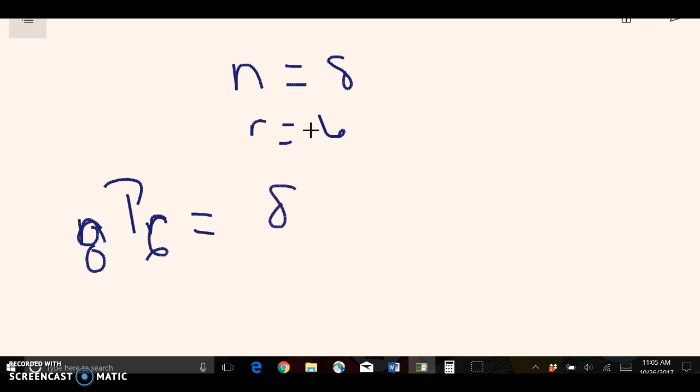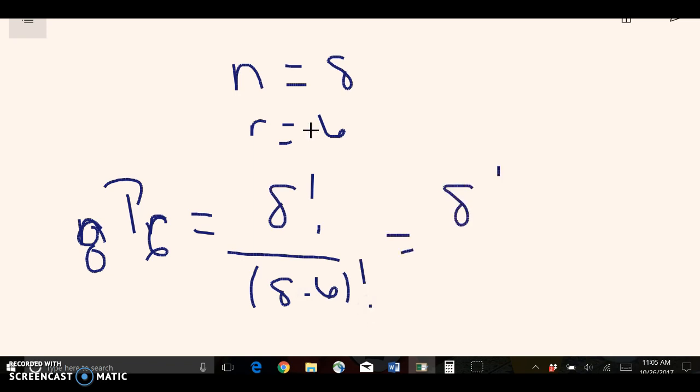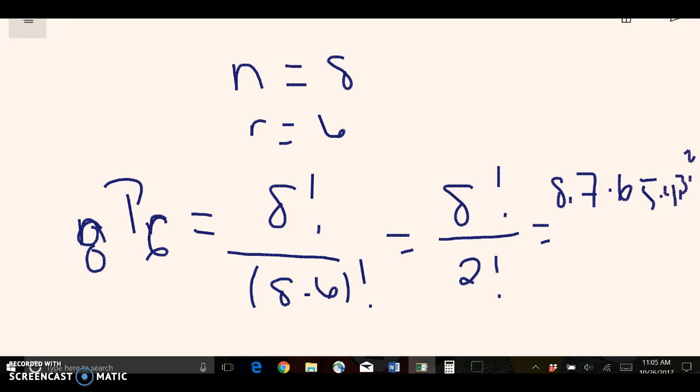So that would be 8 factorial over 8 minus 6 factorial, which gives me 8 factorial over 2 factorial, which gives me 8 times 7 times 6 times 5 times 4 times 3 times 2 factorial over 2 factorial.